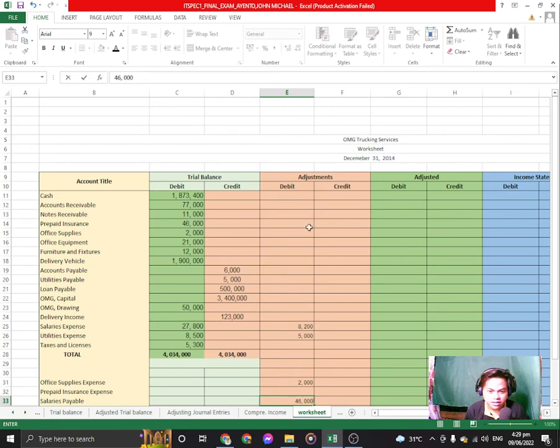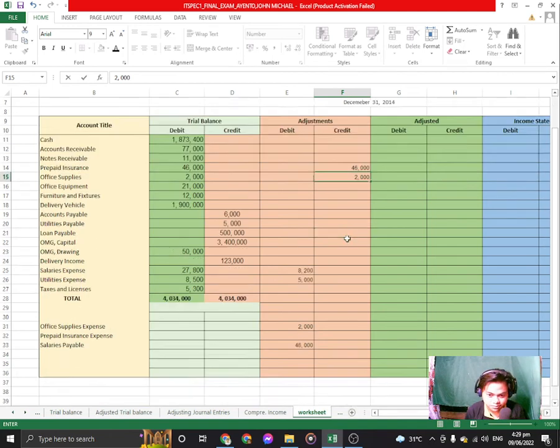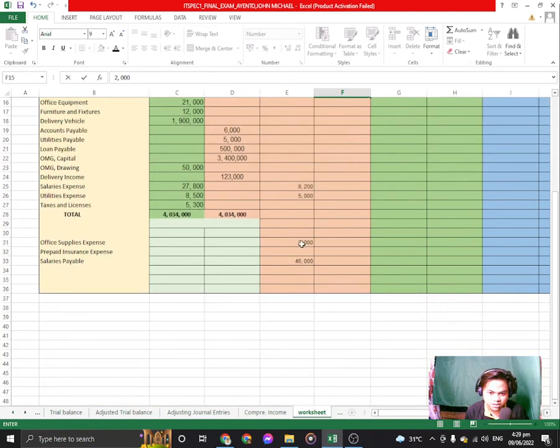Okay, for the credit sa atong prepaid insurance na yapon siya 46,000 pesos. Okay. And then sa office supplies na po siya 2,000 pesos. Tapos ang iyahang salaries payable diri siya dapat 46,000 pesos.